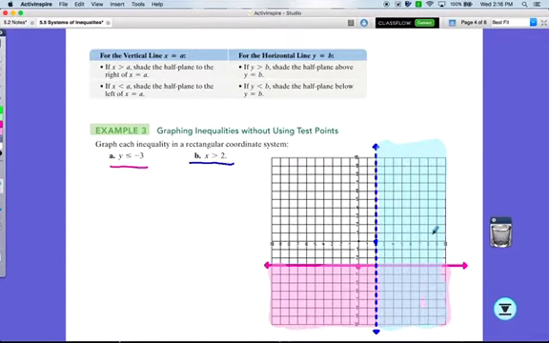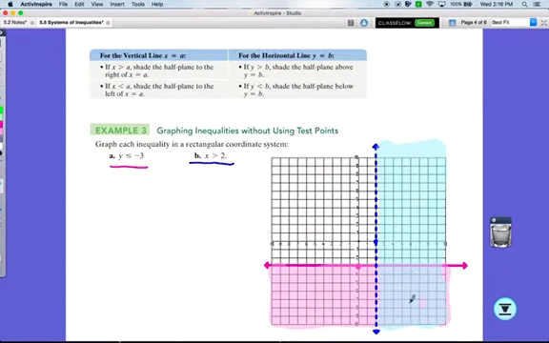So that's how you do the vertical and horizontal. Now, we actually shaded and graphed these on the same graph. And so that brings us to systems of inequalities. The answers are the ordered pairs that make both of those things true. So where are the answers that are both less than -3 in the y and greater than 2 in the x?